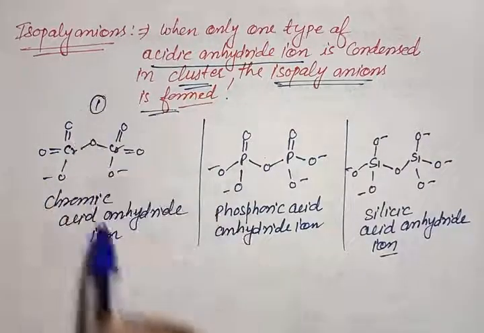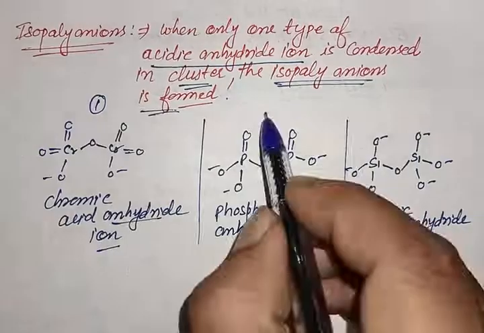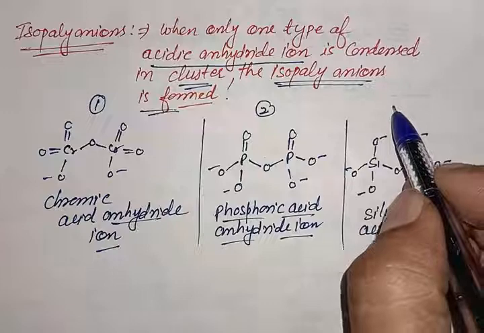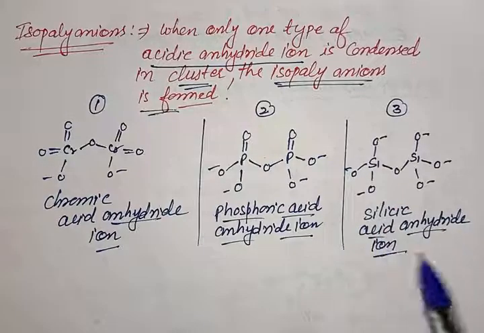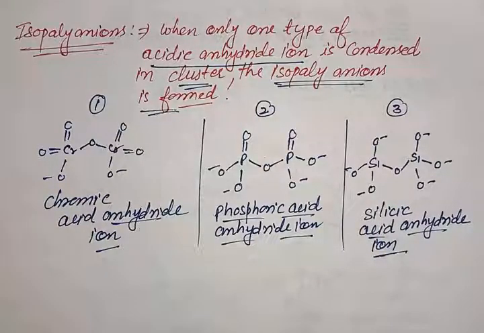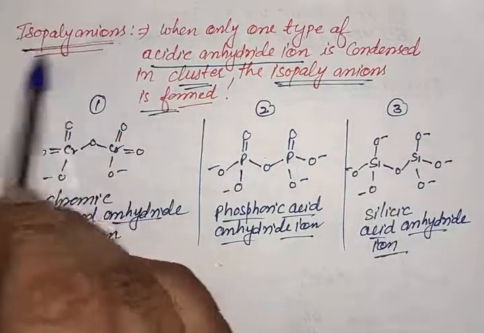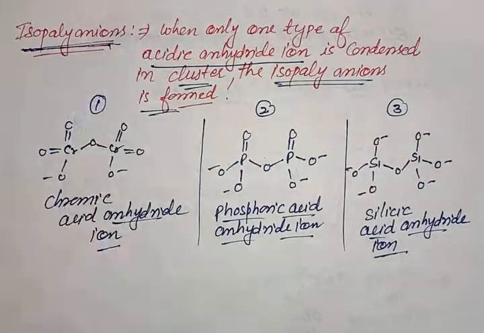This is the first type of anhydride anion. This is the second type, the phosphoric acid anhydride ion, and this is the third type of anhydride ion, formed from the weak acids. If only one type of the anhydride ion is present in the ionic cluster, such an anion is called isopolyanion.